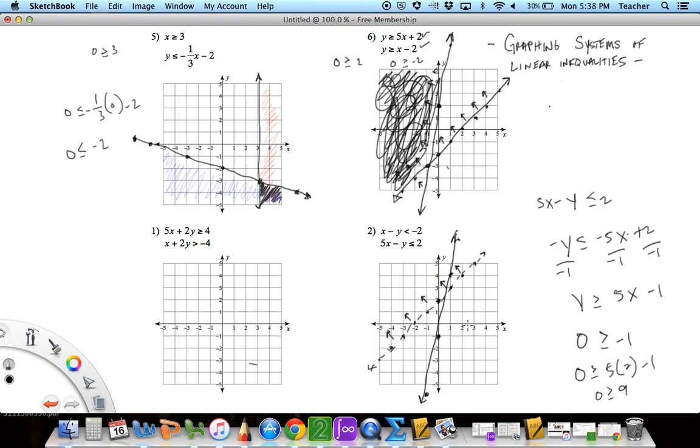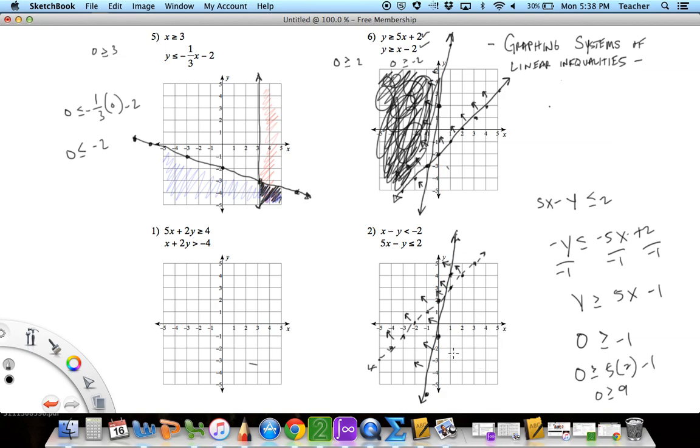So I'm testing this point. Is 0 greater than 8? No, that is a false statement. So we are going to shade the part that does not include this point, which is this part right here on this side of the line.